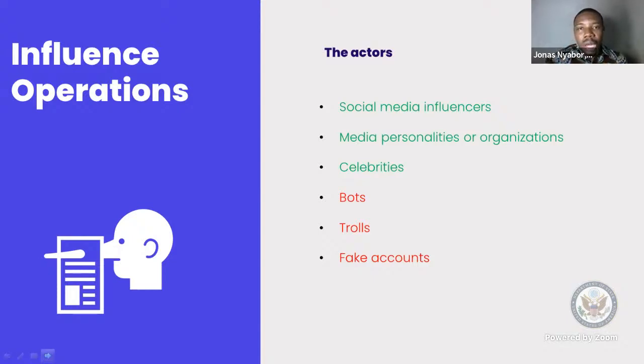And so they are a target for people who want to run campaigns, because when a social media influencer puts out a particular piece of information, he's able to convince people, he's able to win people over to support whatever cause they are putting out there. So social media influencers are very important in this particular role.